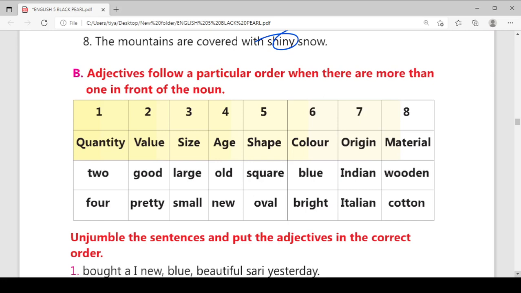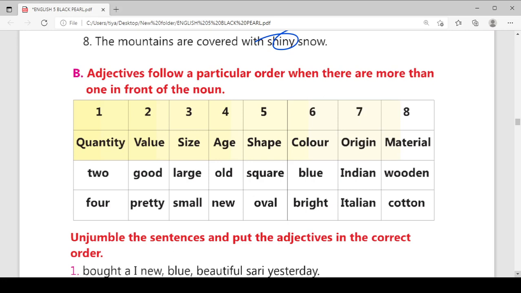So this is the important thing for you. So let's read the table, and if you want to take a screenshot, just take the screenshot. Now read the table and understand how we can use more than 2 adjectives in a single sentence. Okay, so let's start.